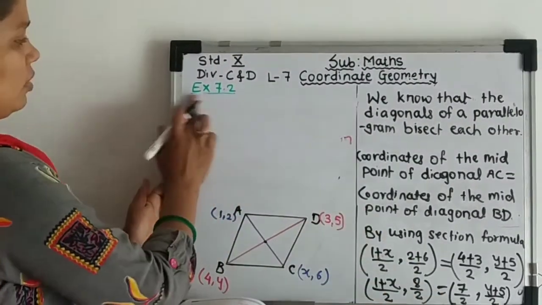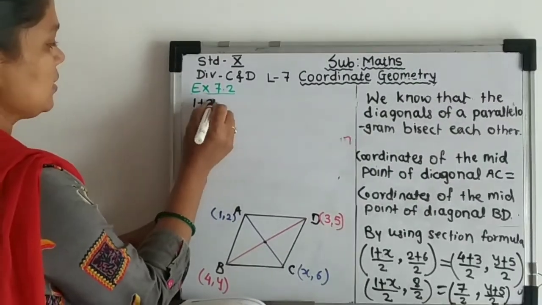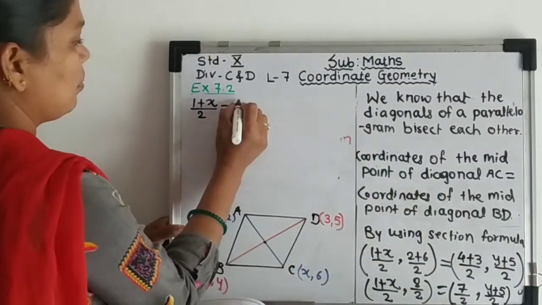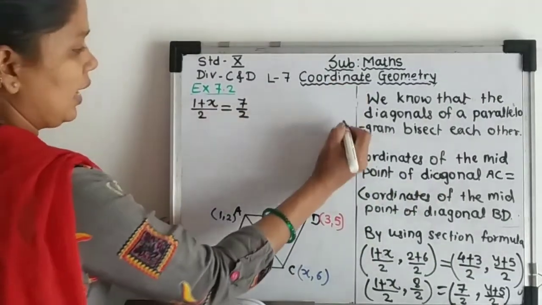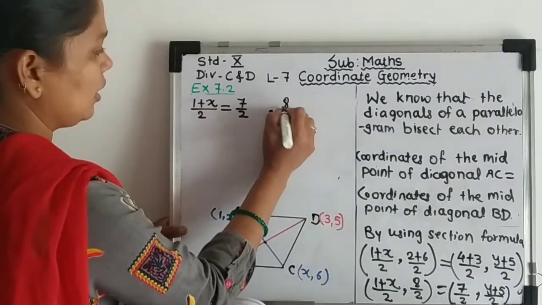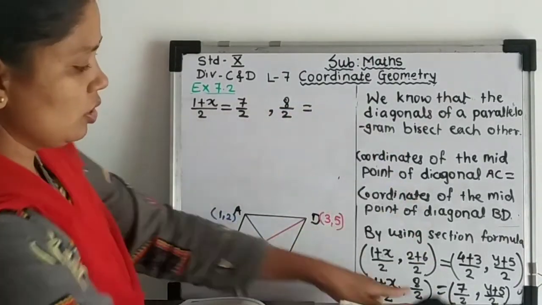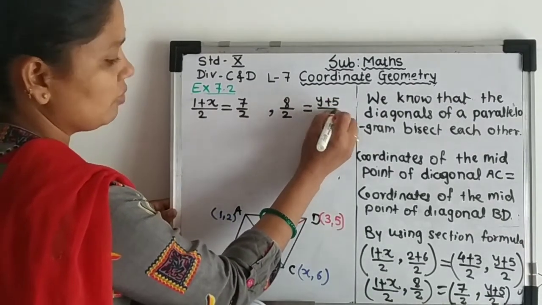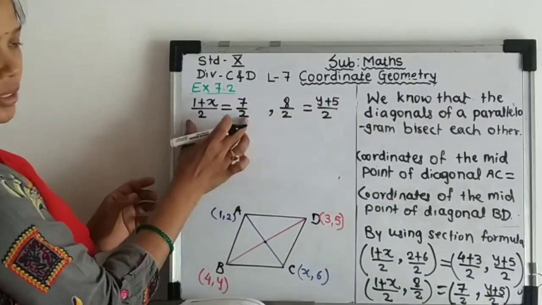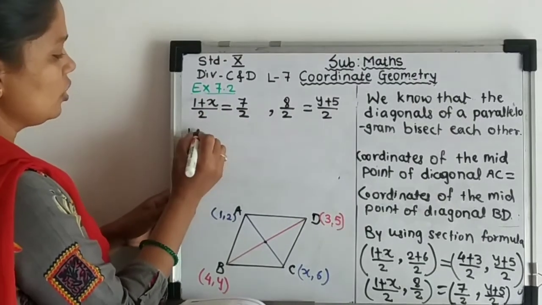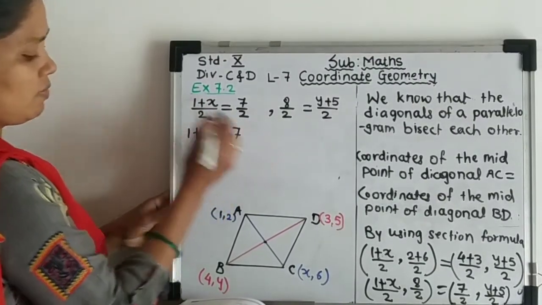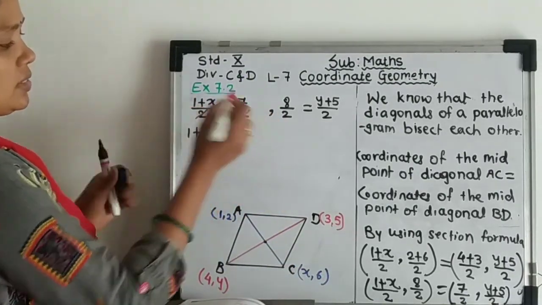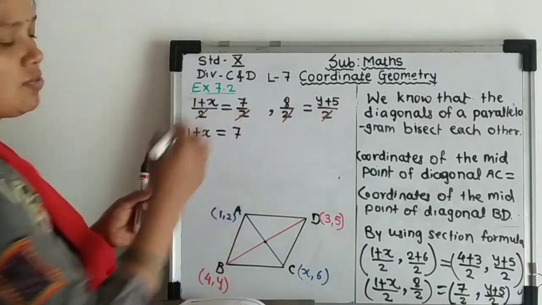So we'll have (1 plus x) upon 2 equals 7 upon 2, and 8 upon 2 equals the y coordinate, (y plus 5) upon 2. Now the 2 in the denominator will get cancelled. So 1 plus x equals 7.